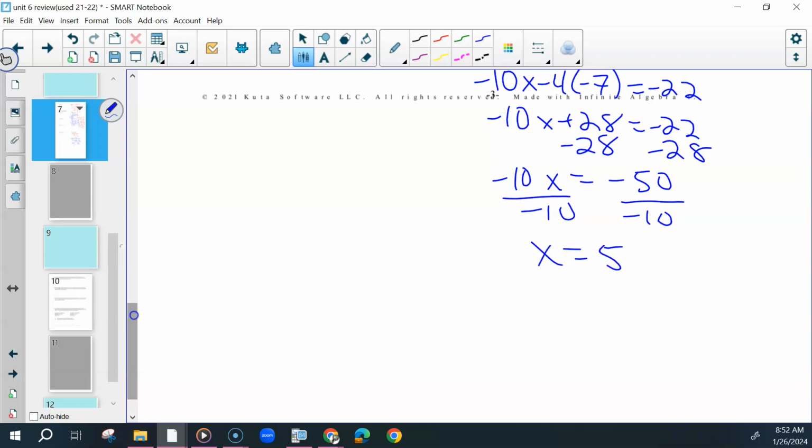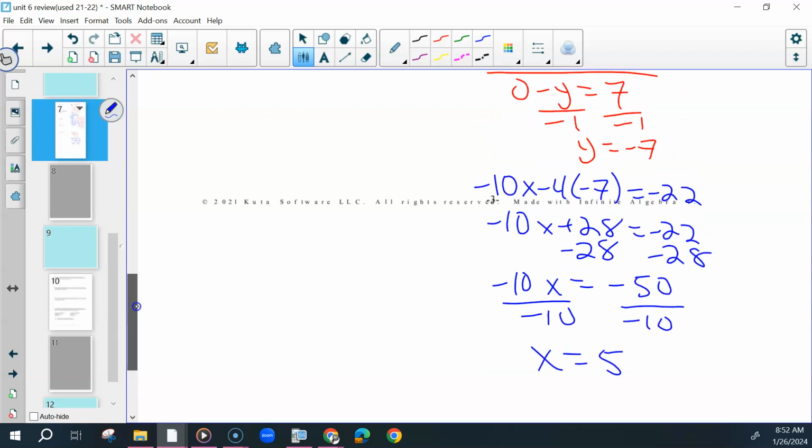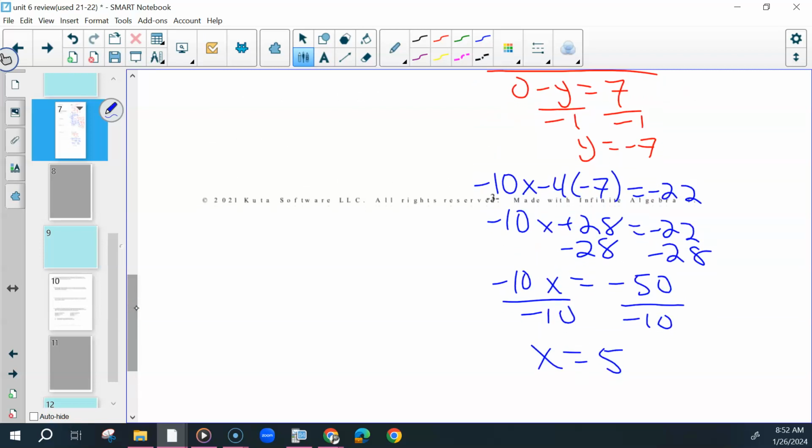So x equals 5. And then our solution would be 5, negative 7. Questions on that? Okay. Word problems, any questions on those?